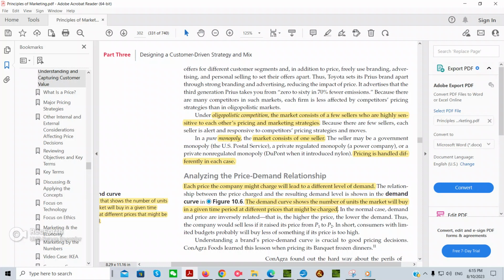In the normal case, demand and price are inversely related, as I mentioned. That is, the higher the price, the lower the demand. Thus, the company would sell less if it raised the price from P1 to P2, that means price 1 to price 2. In short, consumers with limited budgets will probably buy less of something if its price is too high. And that's definitely true.